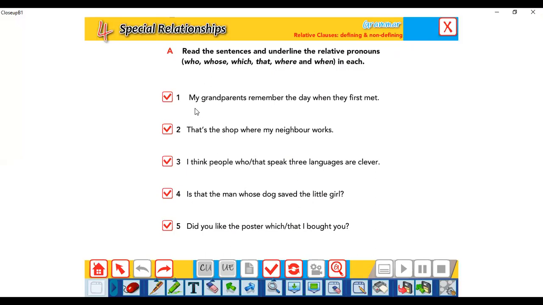Number one, my grandparents remember the day when they first met. Where is the relative pronoun in this sentence? Miss, which page? 47. The grammar lesson on page 47.